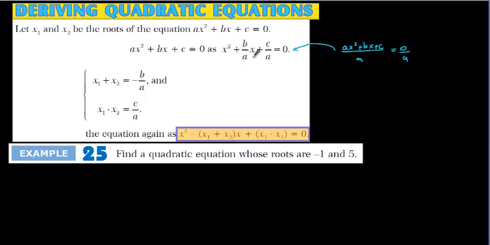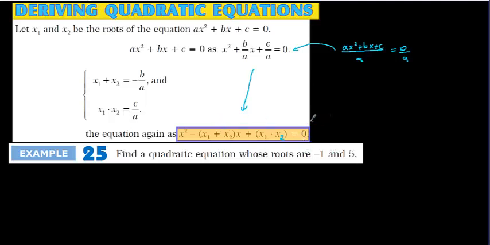Then instead of b over a, if you replace x1 plus x2, and instead of c over a, if you replace x1 times x2, you are going to get this equation: x squared minus (x1 plus x2) x plus x1 times x2 is equal to 0. It's written wrongly there, but this is the formula when the roots are given.